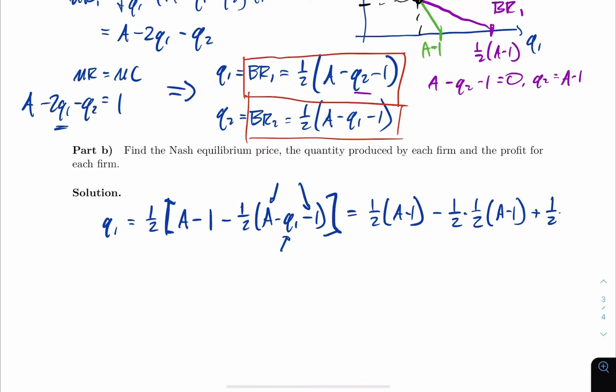And that's the solution for the equilibrium quantity produced by firm 1. And because it's symmetric, this is the same for firm 2.